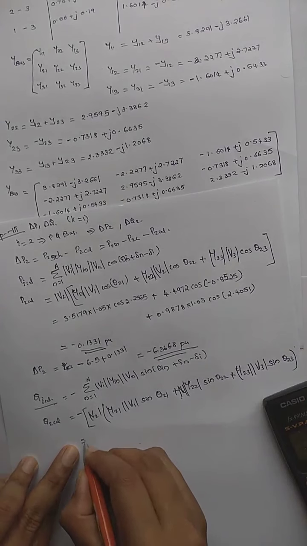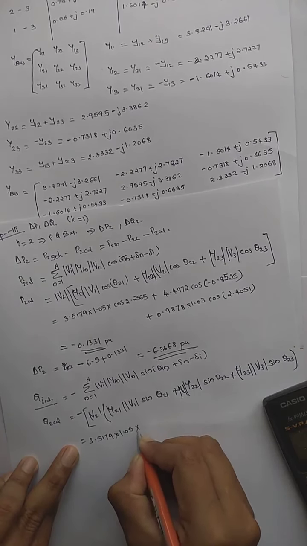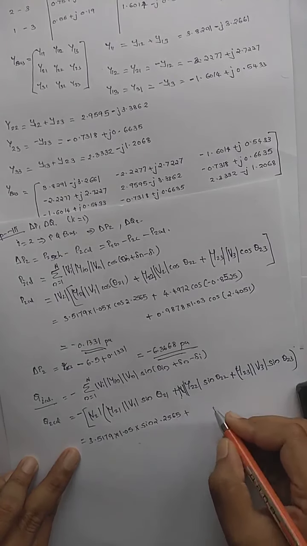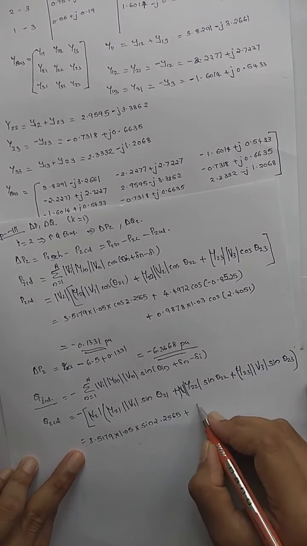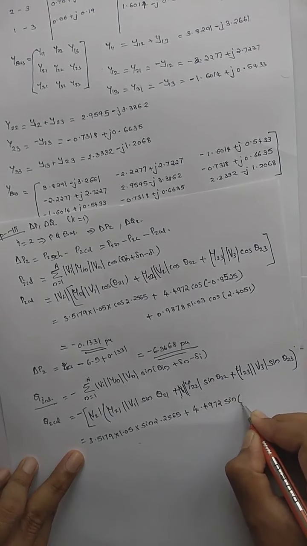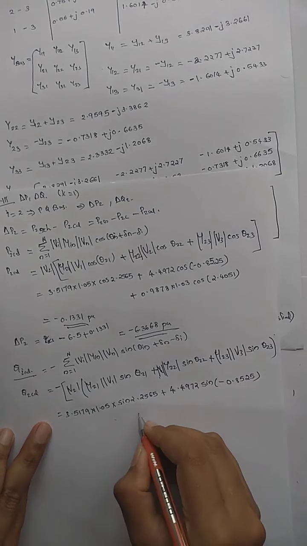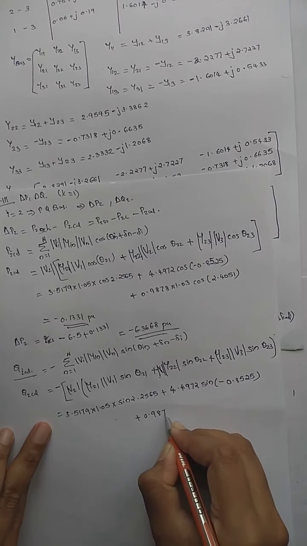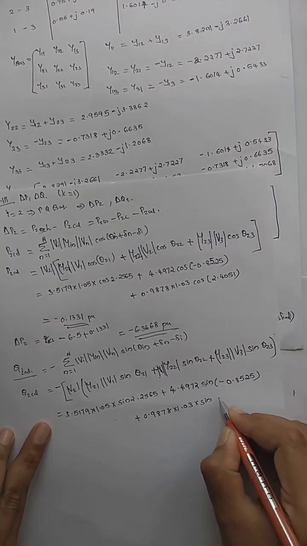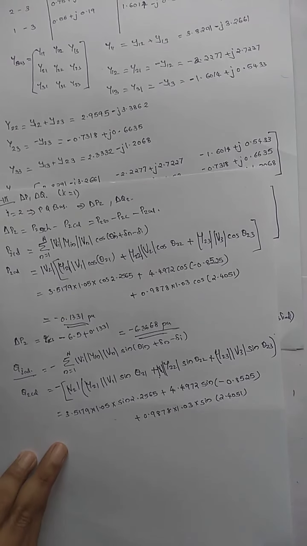What is Y21? 3.5179 into 1.05 into sine of 2.2565 plus V2 value is 1, then Y22 is 4.4972 sine of minus 0.8525 plus 0.9878 into 1.03 into sine of 2.4051. Okay, so this is the value we have to find out.